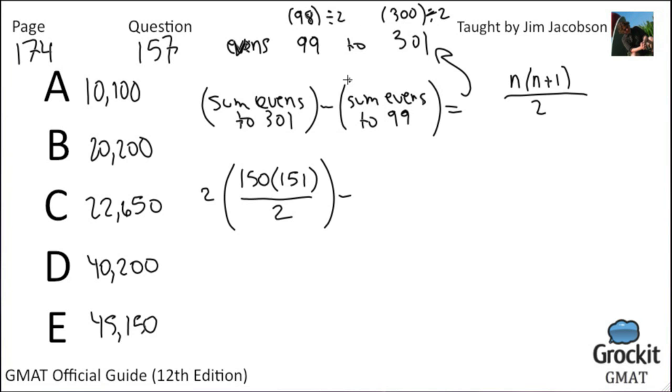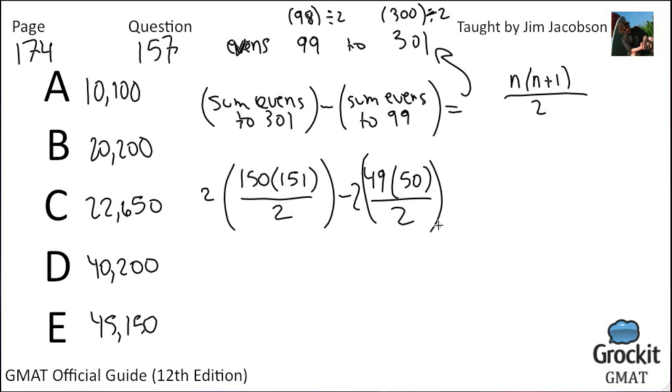So we divide that by 2 to get the 49 numbers here, because 49 and 49 is 98. Our n plus 1 is going to be 50. Divide by 2 because that's what the formula says, but the whole thing also needs to be times 2 because we're doing the even numbers up to 98, not all the numbers up to 49.